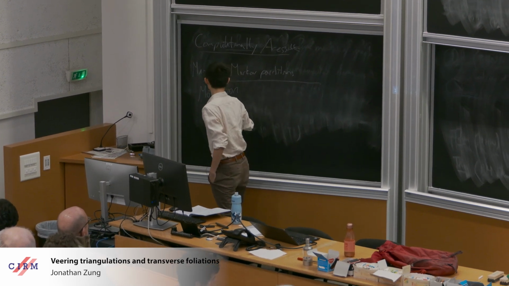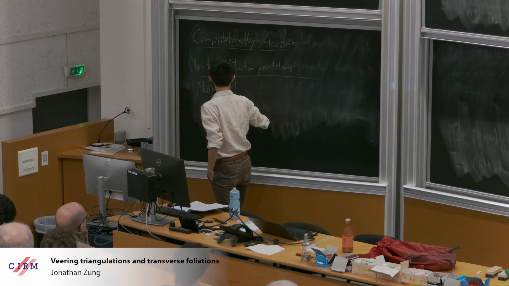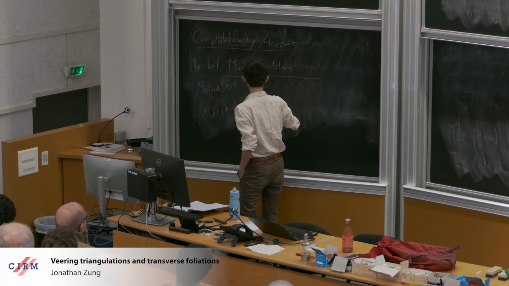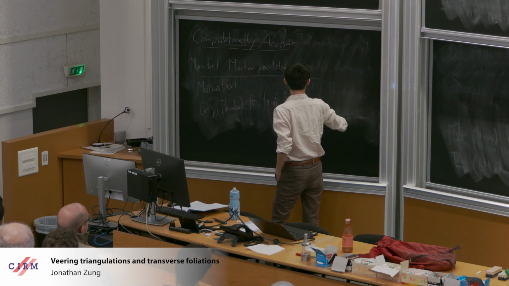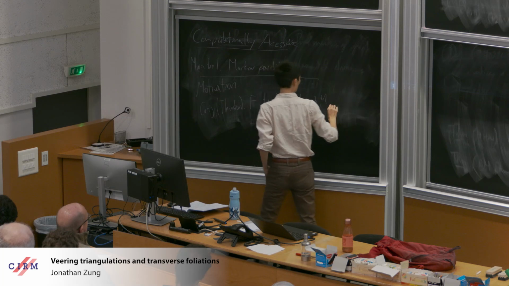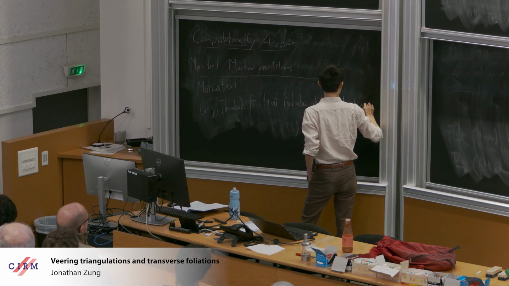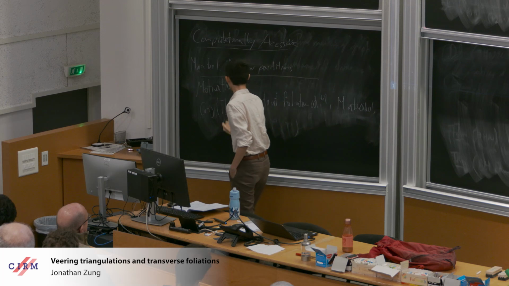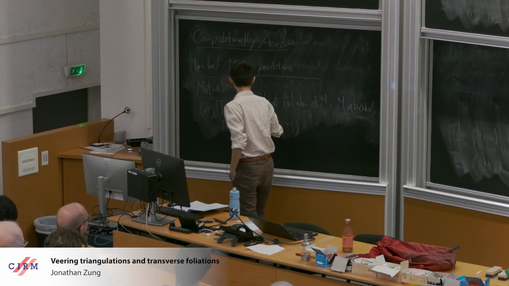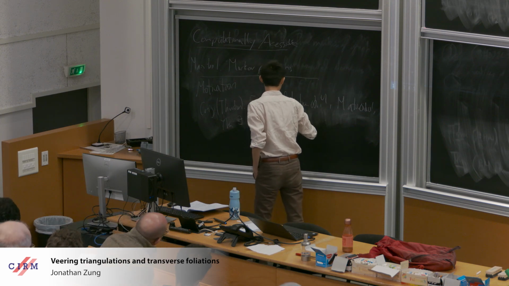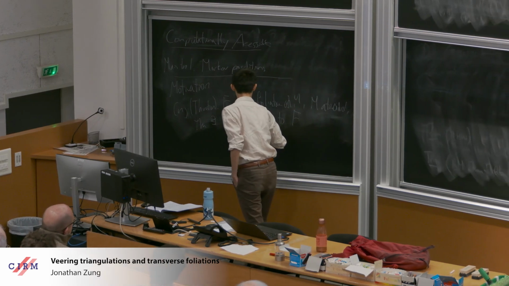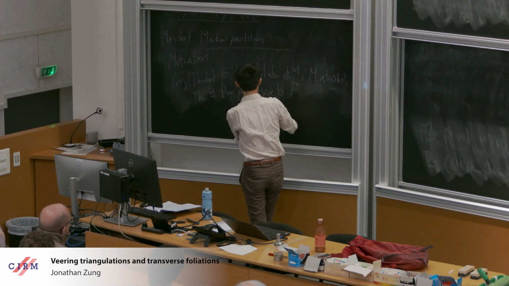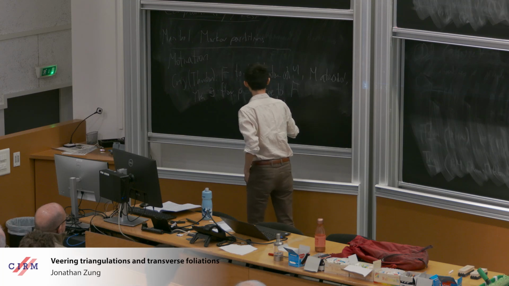So there's a conjecture, I guess we'll say it's due to Thurston, that if F is a taut foliation on M, let's say M is atoroidal, then there exists a flow phi transverse to F, and this flow is either periodic or pseudo-Anosov.